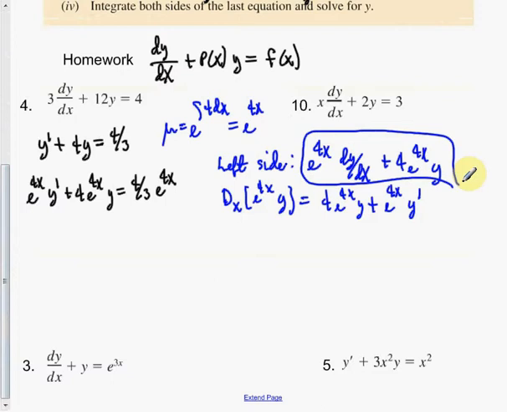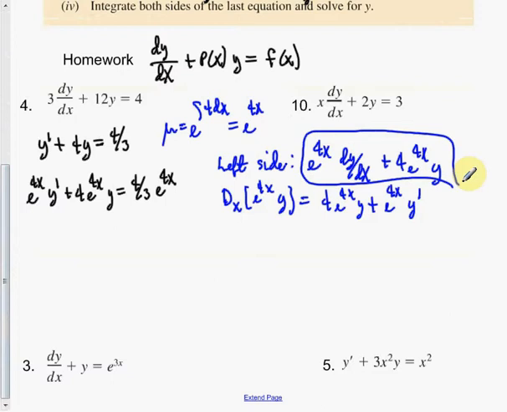They're the same, right? So remember the integrating factor is going to force the differential equation to be exact. So that left side is an exact differential. That simply means that it's simply the derivative of the product of the integrating factor times the dependent variable y.